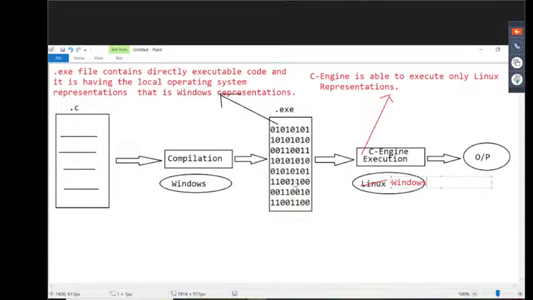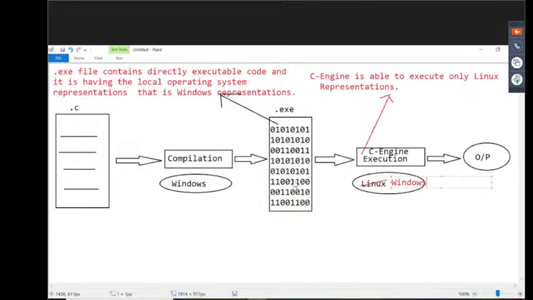The representations available in the .exe file are Windows representations. So we are giving a Windows-represented .exe file to the C engine, which is on top of the Linux operating system. It requires Linux representations, but we are providing Windows representations, so a communication gap, a code mismatch, is coming. So we are unable to execute our program.